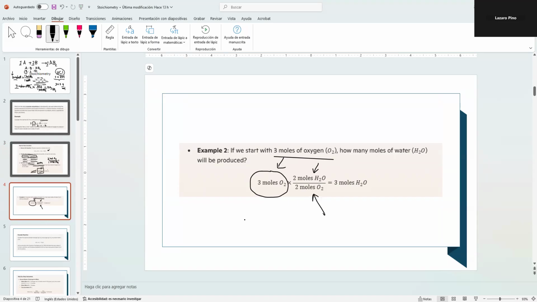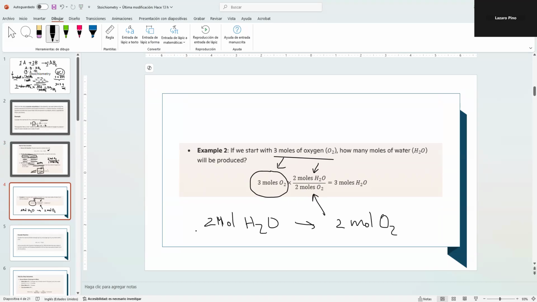According with the equation, you know that 2 moles of water are produced from 2 moles of oxygen.